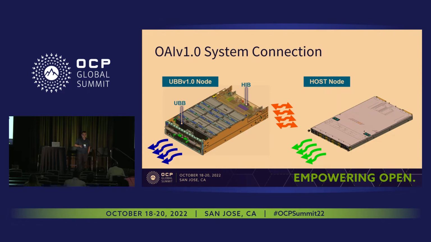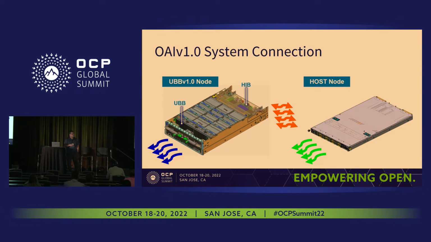In this picture, you have the OAI system here, and you need to scale out with the blue line, and the host you have to connect with the green line. Between the host and the OAI, you still need to connect them together with PCIe cables. So there is a simple challenge at the rack level: you will have to consider many cables around the rack with the UBB and the host to be connected together.